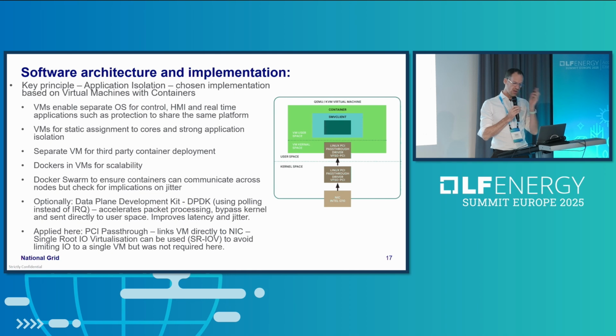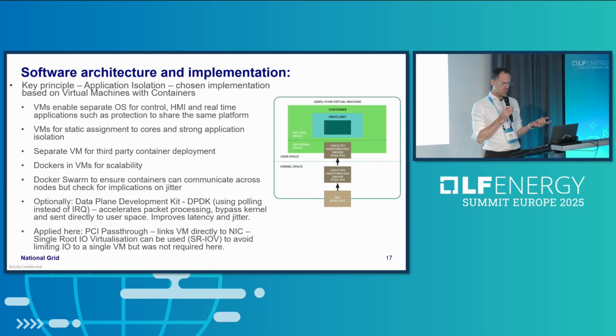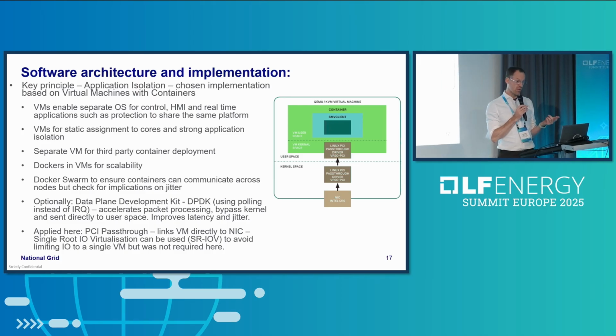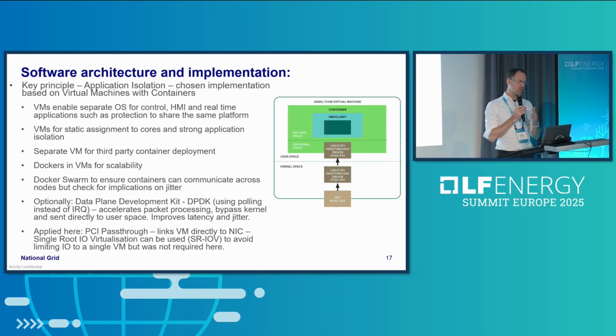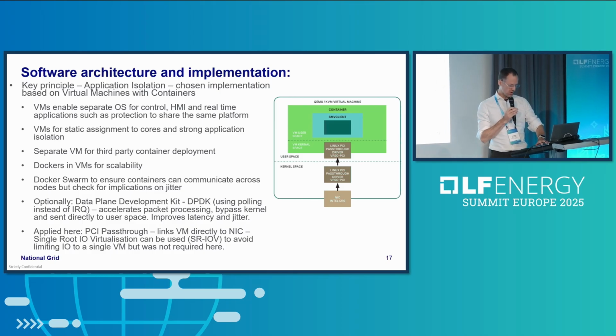Optionally, DPDK can be used to accelerate the packet processing. As I mentioned earlier, we use PCI pass-through. SR-IOV can also be implemented if you need to pass the samples to multiple VMs. But because we only passed the samples to one VM, we didn't implement it in our trial.